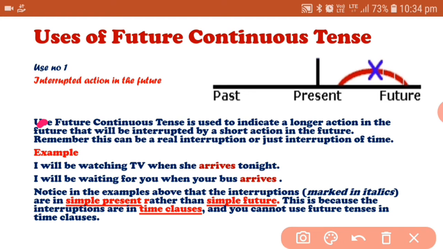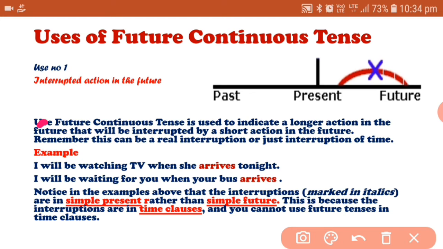Okay, students, I will be waiting for you when your bus arrives. It means an action will be continued in the future, and at the same time a short action will happen. What will that be? The arrival of the bus. That arrival of the bus will interrupt the first action.